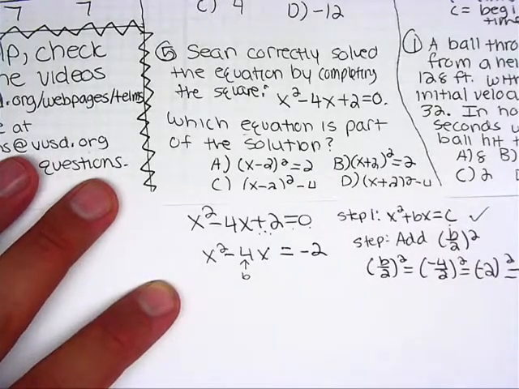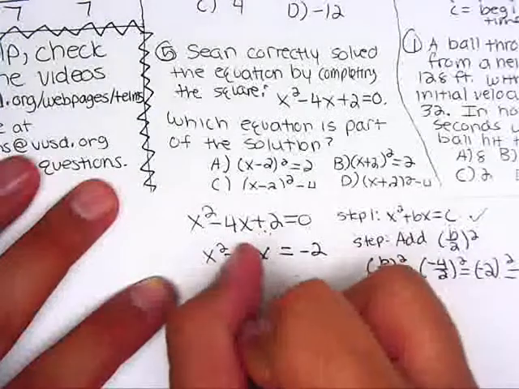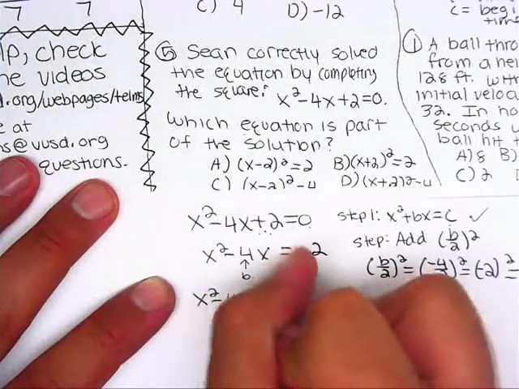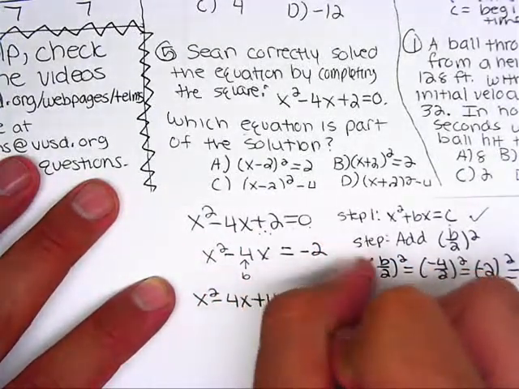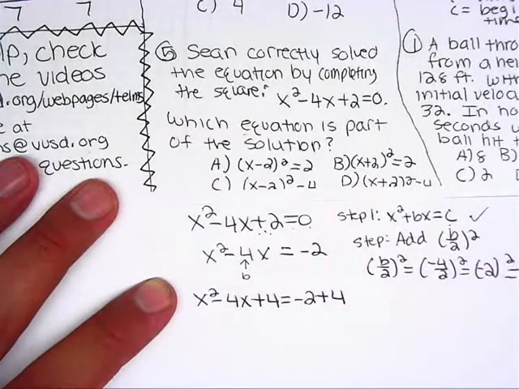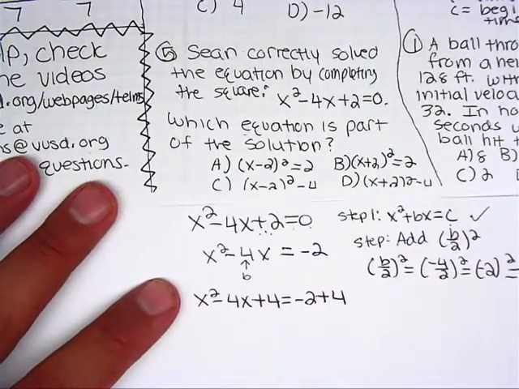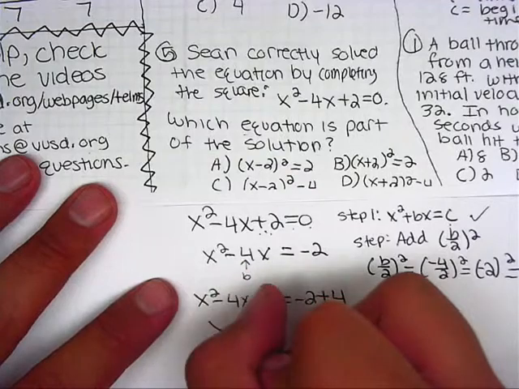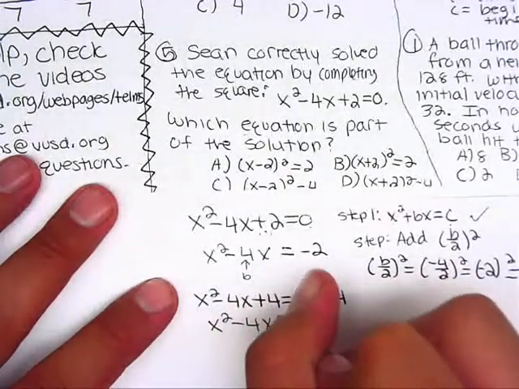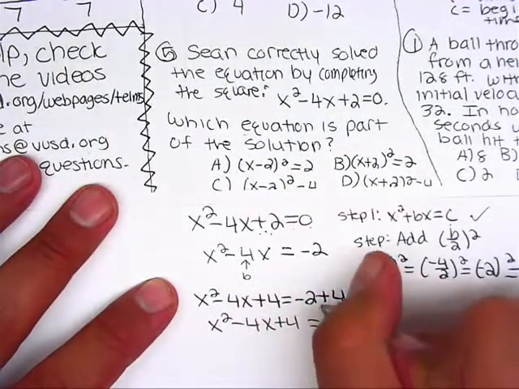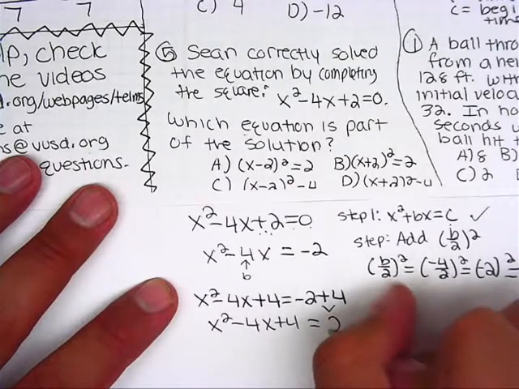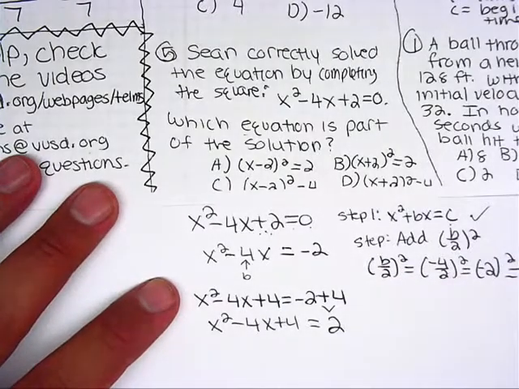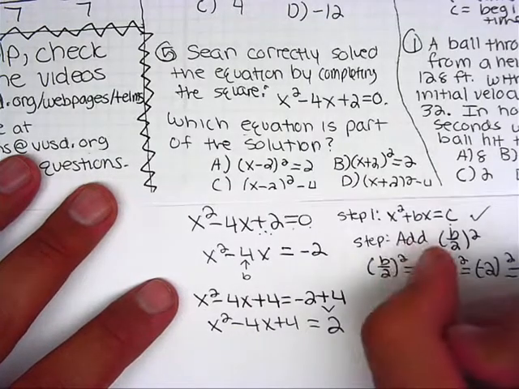I'm going to add 4 to both sides of my equation. X squared minus 4x plus 4 equals negative 2 plus 4. Continue to simplify. Negative 2 plus 4 is equal to positive 2. Now I'm going to factor for step 3.